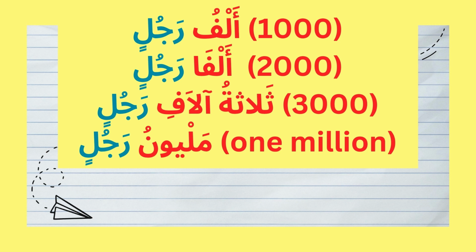And after that, you use the plural of ألف. آلاف is the plural. So ألف رجل, 1000 men. ألفا رجل, 2000 men. 3000 رجل, 3000 men. مليون رجل, 1 million men.